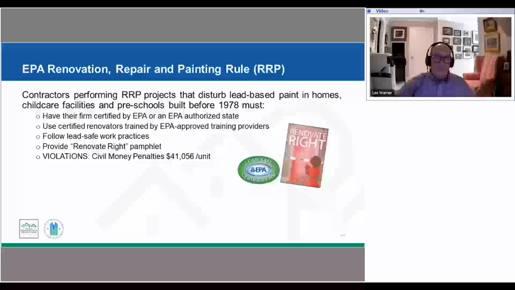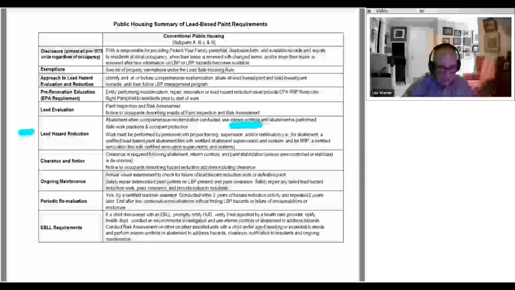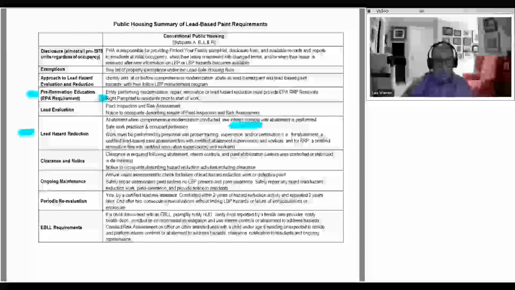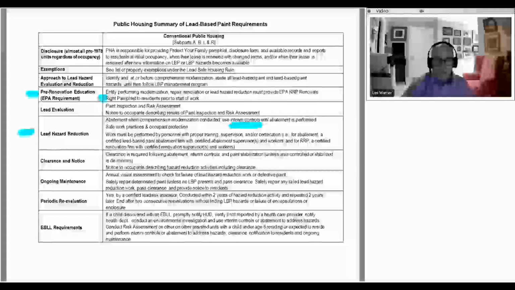If we look at our summary chart here, providing the Renovate Right pamphlet is one of the requirements that does apply here.